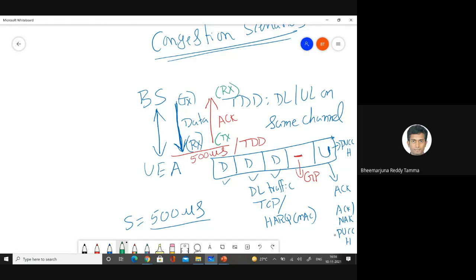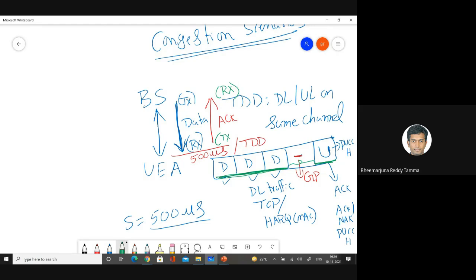So as you see here, in this example I'm showing there are three symbols. At the end of the three symbols, user equipment A has received the data, and in the fifth symbol, it wants to send the acknowledgement. So it takes a certain non-negligible amount of time for two activities.